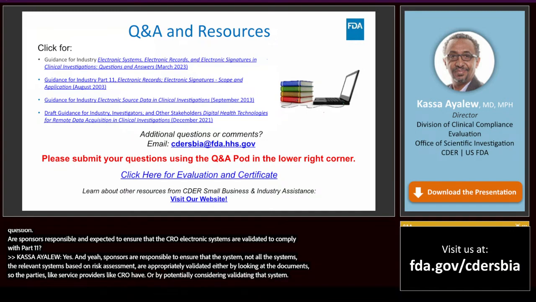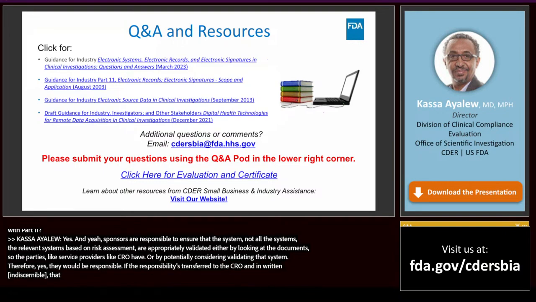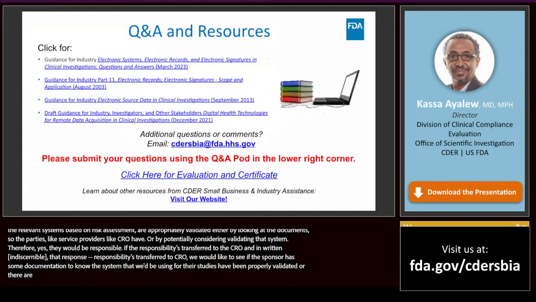If the responsibility is transferred to the CRO, meaning by written agreement, we would like to see if the sponsor has some documentation to know the system they will be using for their studies has been properly validated, or there is documentation to show the validation had occurred.